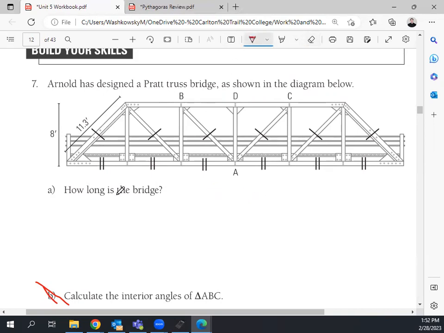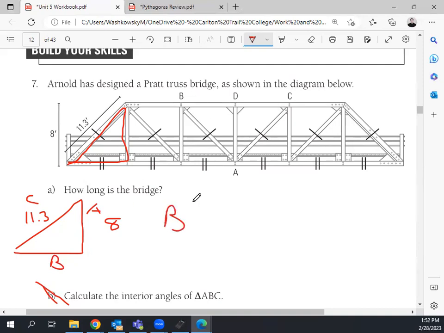So how did you get 8 the first time? Well, I did Pythagoras, because it's 8 tall and 11.3. I've just taken that triangle I've outlined in red there. It's 8 tall. There's 11.3 as its hypotenuse. And then a right triangle, A, B. So B squared is going to be equal to C squared minus A squared.